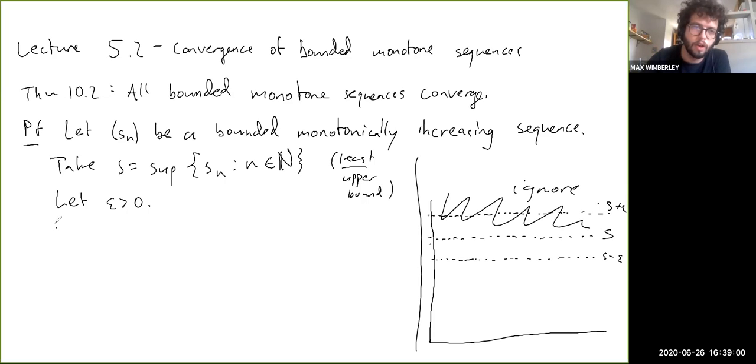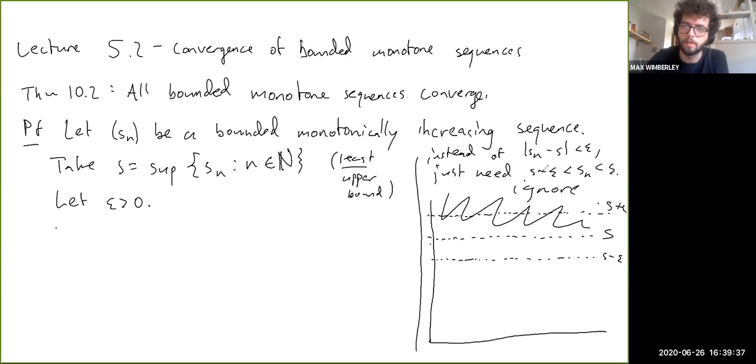So what I'm saying is, instead of trying to force the absolute value of Sn minus S to be less than epsilon, we can just force Sn to be in between S minus epsilon and S. Instead of |Sn minus S| less than epsilon, we just need S minus epsilon less than Sn less than S. This is a minus sign.